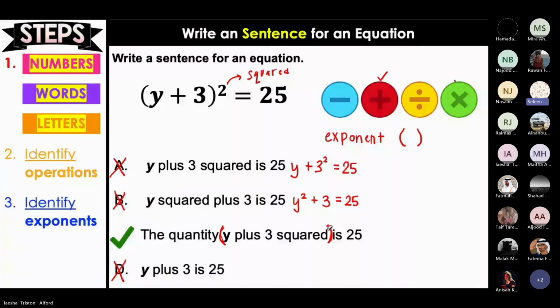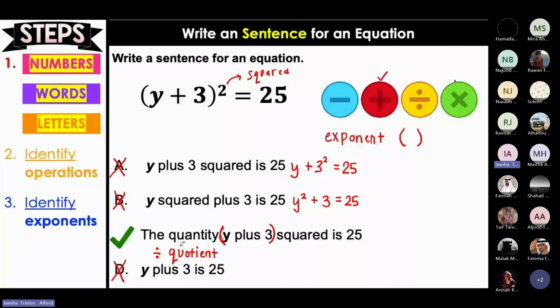Miss Aisha, yes. But what, quantity means divide? Quantity means parentheses. You guys are getting it confused with quotient. You have two words starting with Q. Quotient is divide.